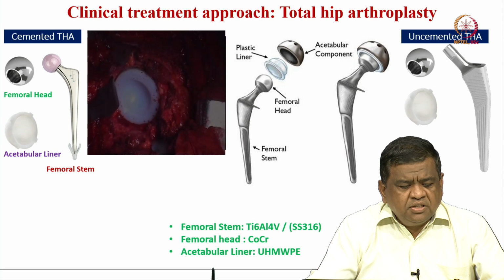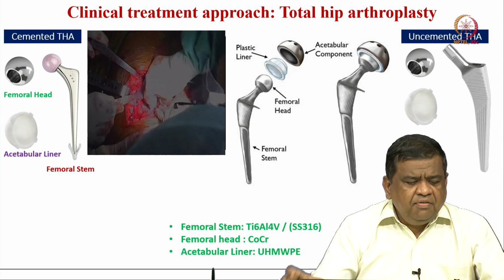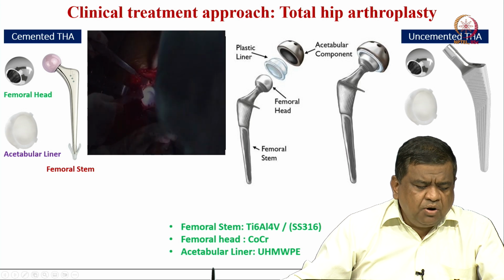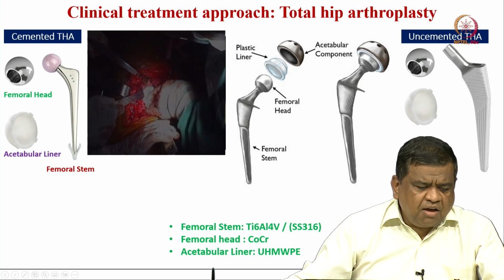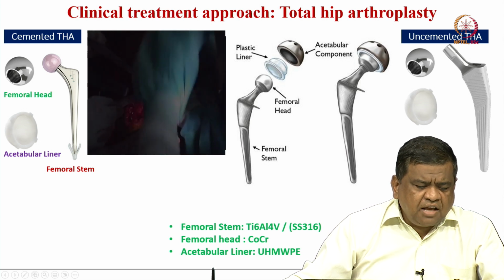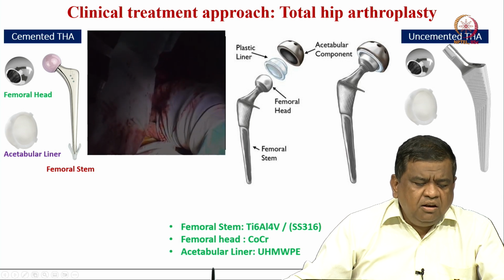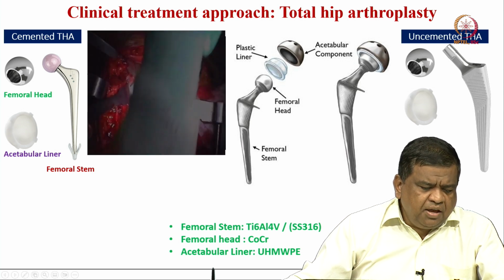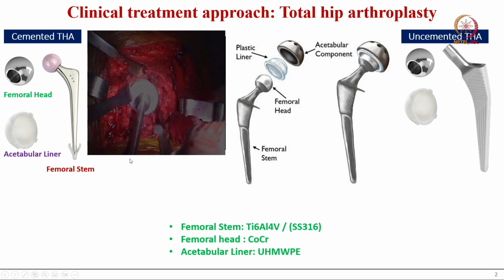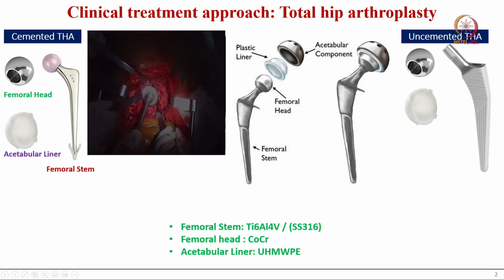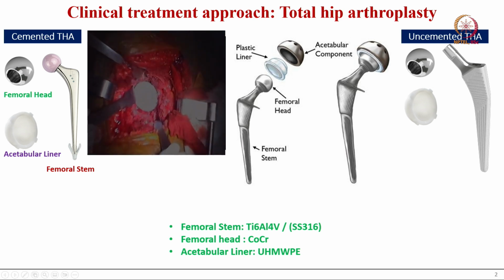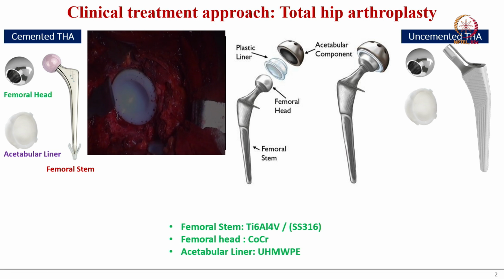So, first the orthopedic surgeon creates the acetabulum cavity, then they place the acetabulum into this damaged cavity, and after it is placed, then they fix the femoral stem. This femoral stem is inserted along with the femoral head, and this will be articulating to restore the normal hip function.